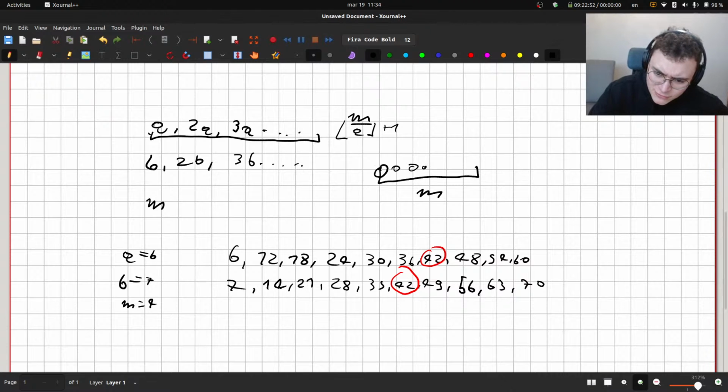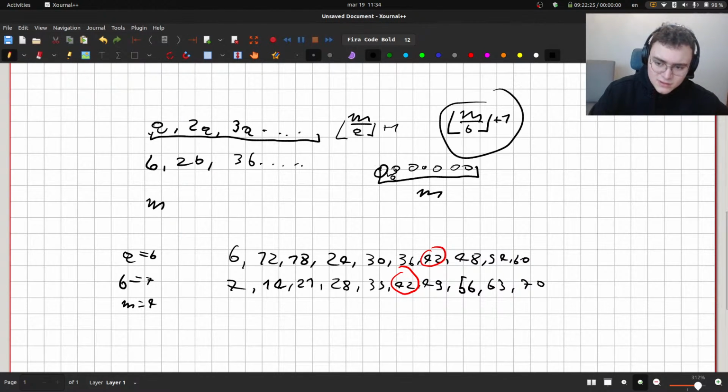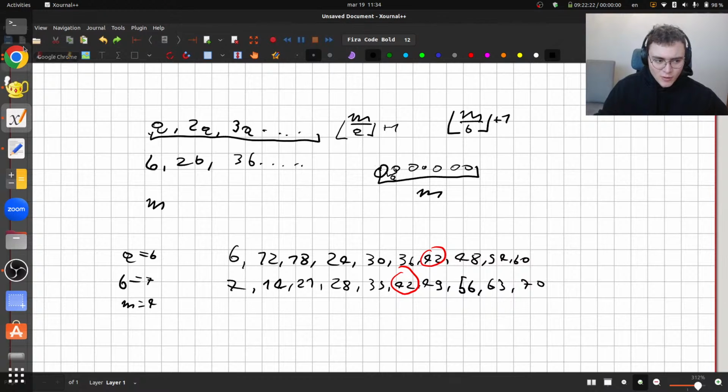And then we launch the next, and we know that between each two fireworks the distance is A. So it will be M divided by A. And it's the same for B. During M seconds there will be at most M divided by B plus 1. This is the most fireworks that are seen during one moment.